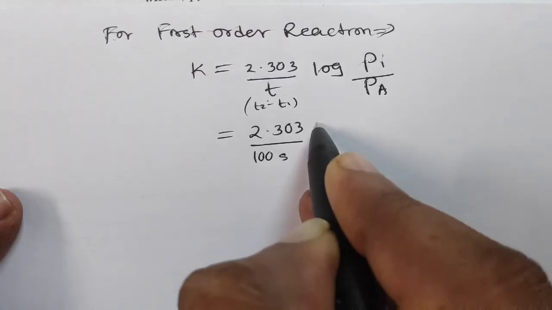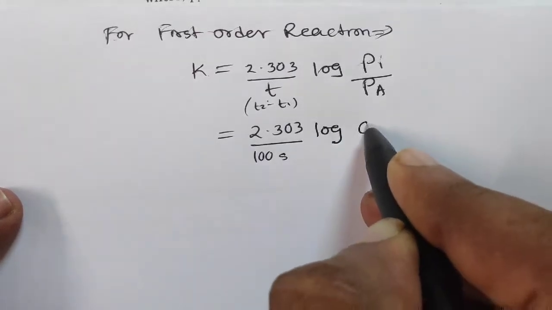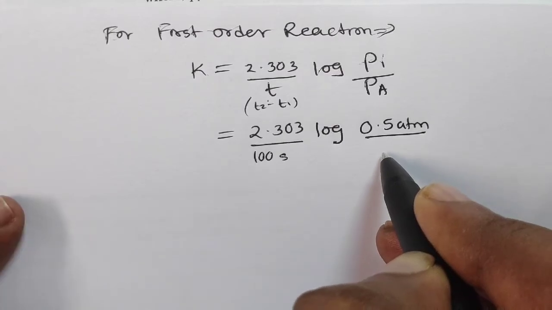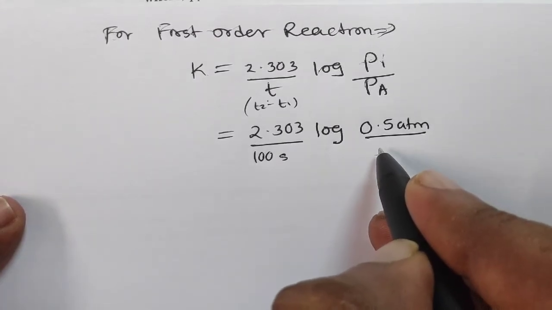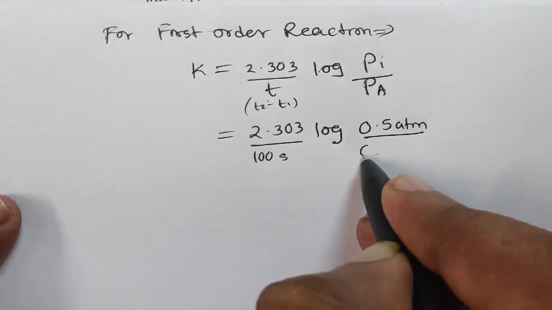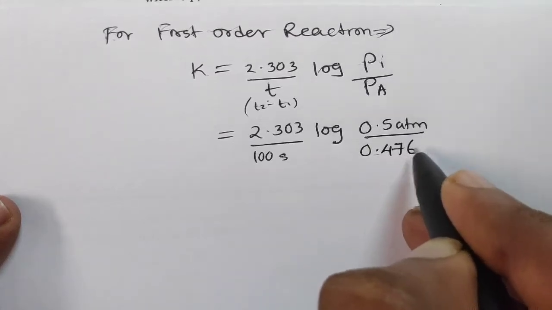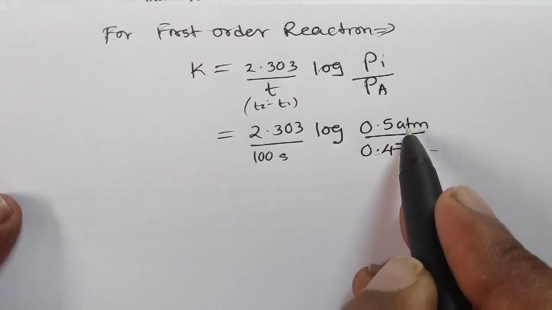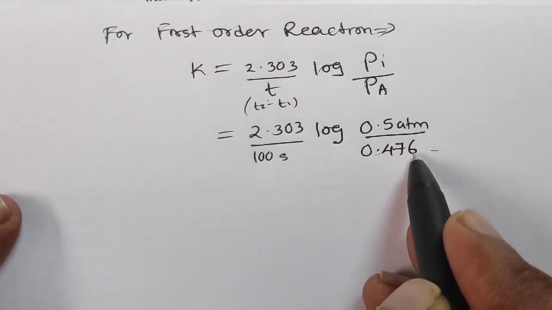Log of initial, which was 0.5 atm as seen in the table, and at 100 seconds the pressure was reduced to 0.476 atm. This is initial and this is final.